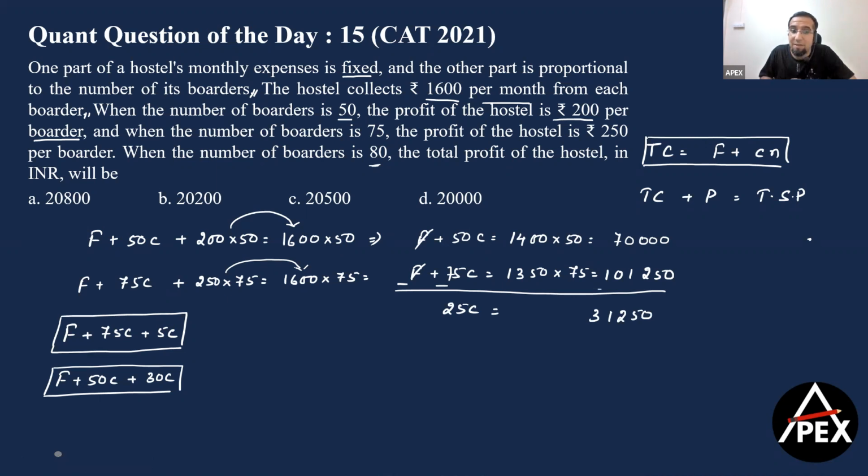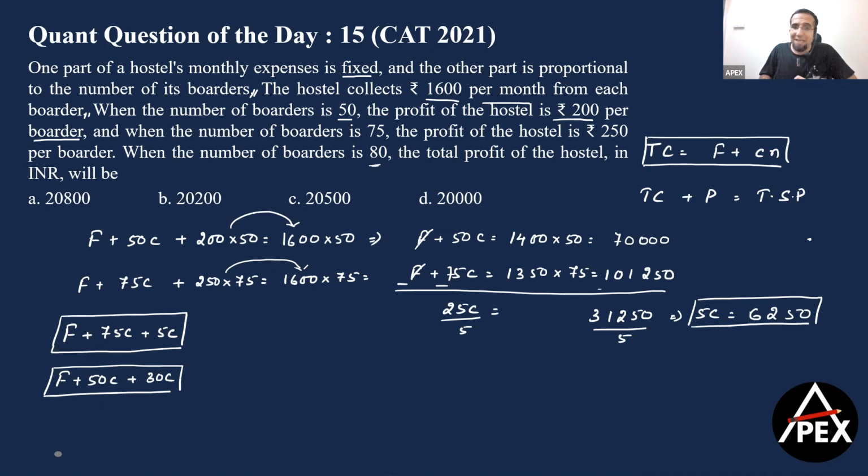If I use F plus 75C, I have to add only 5C. We have been discussing this kind of calculation in the class. If 25C is equal to 31250, I want the value of 5C, which means I divide my left hand side by 5 and my right hand side by 5. So the value of 5C becomes 6250.